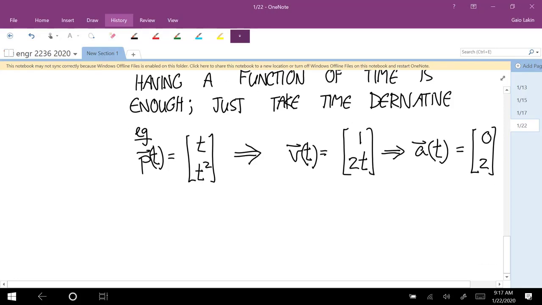You can also go the other direction, where you're going from acceleration to velocity or velocity to position. In that case, having functions of time is not enough.